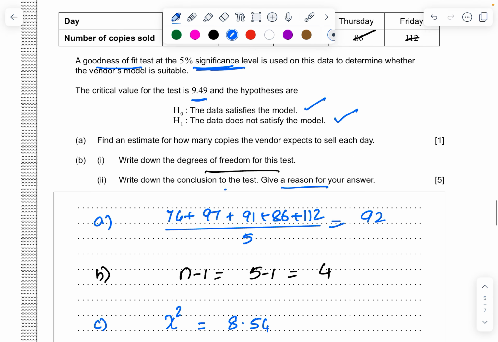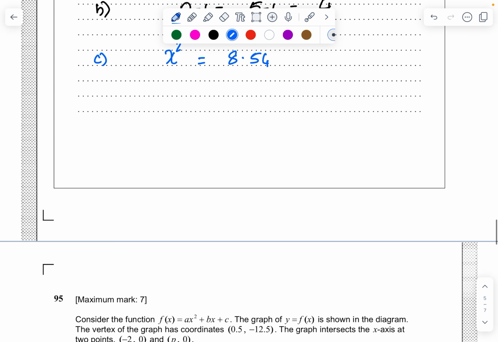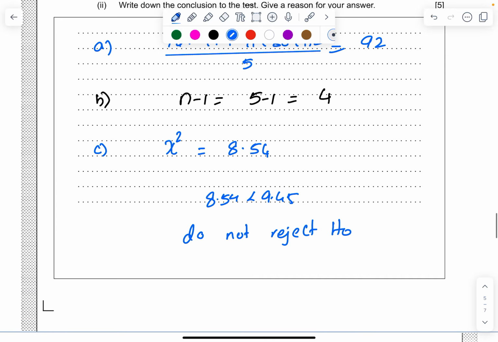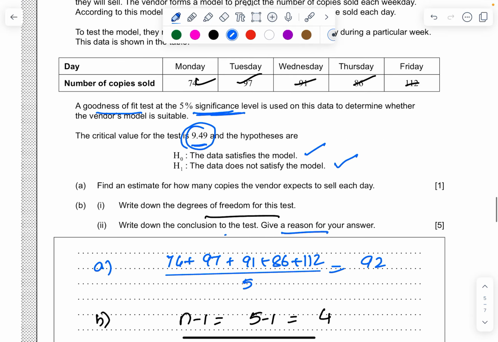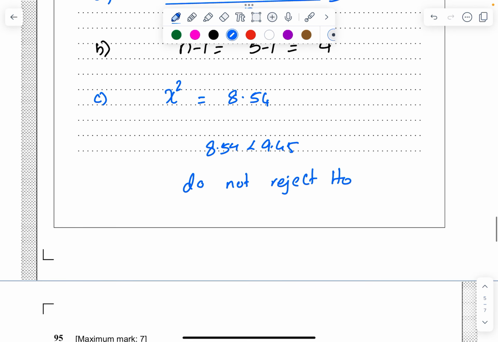You can check that it is less than 9.49. So do not reject the null hypothesis. If the chi-square value is less than the critical value, do not reject the null hypothesis. That's going to be the answer.